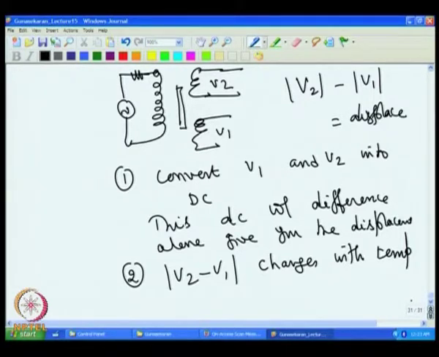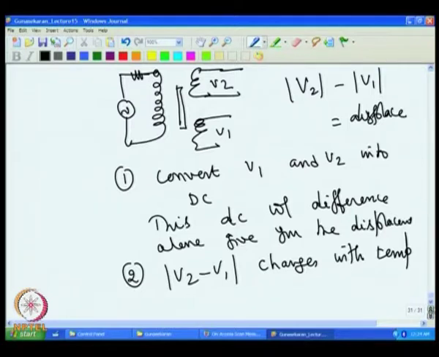Now, let us see how to tackle first the temperature. Because of temperature change, we are losing some voltage on this. We first see how to tackle this problem, that means we have to make V2 minus V1 independent of temperature change, then only displacement measurement is possible.